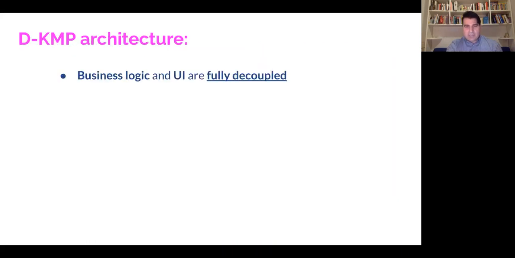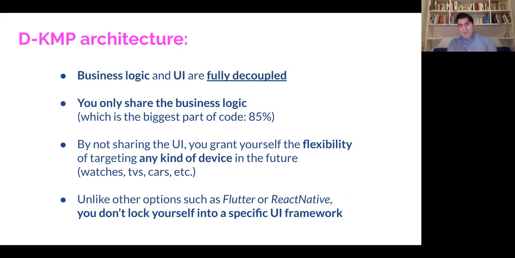This is very important because if we compare it to Flutter or React Native, it is not like that, because Flutter and React Native are very opinionated in terms of UI. They have their own UI framework, which in the case of D-KMP we don't have.